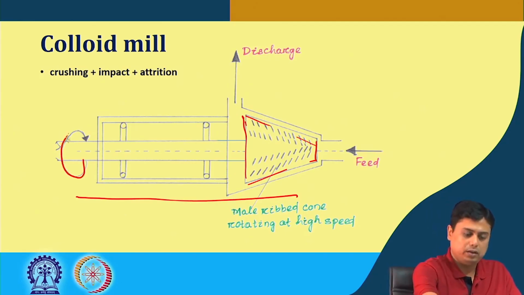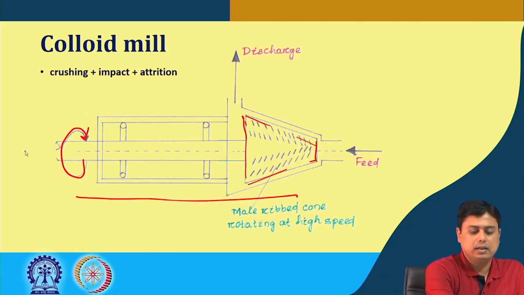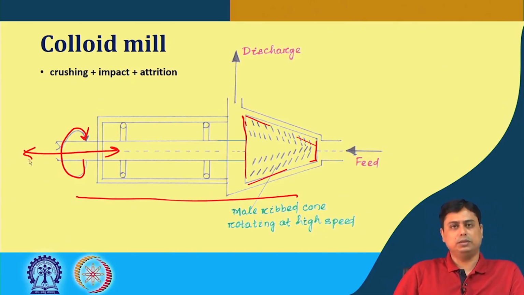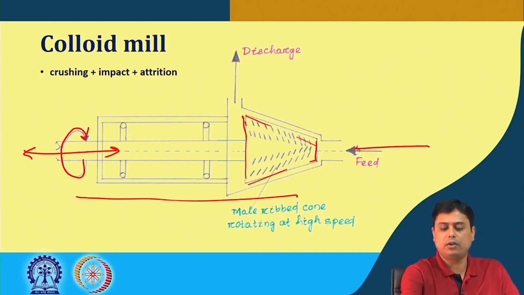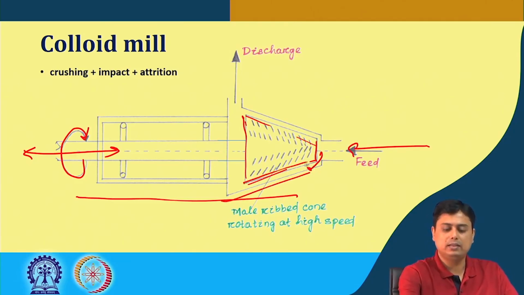This spindle can rotate, as well as have a horizontal movement. The feed comes in from this side and goes into this chamber through the gap between the static wall, the chamber created by this solid wall, and this head of the spindle.